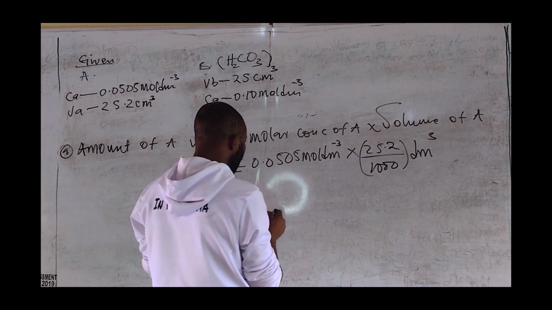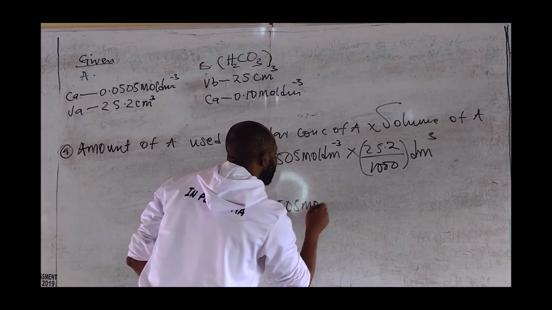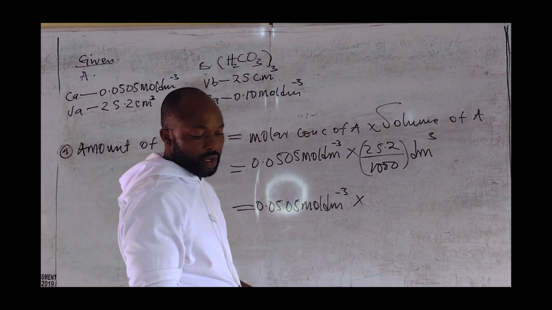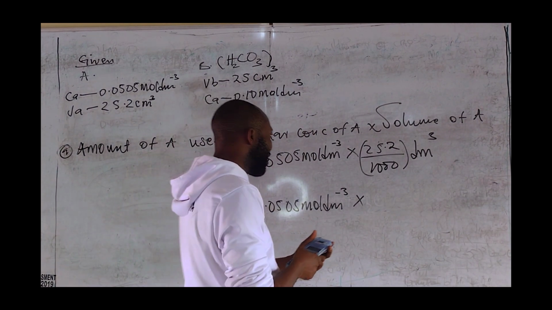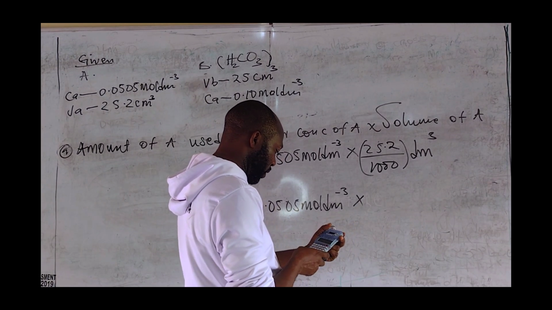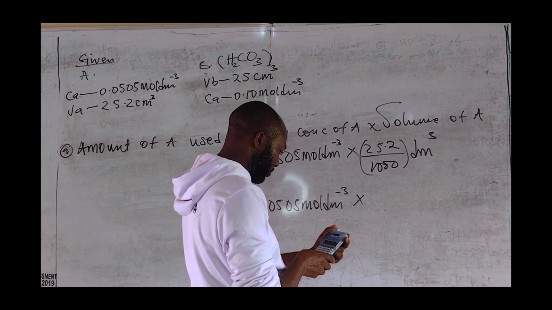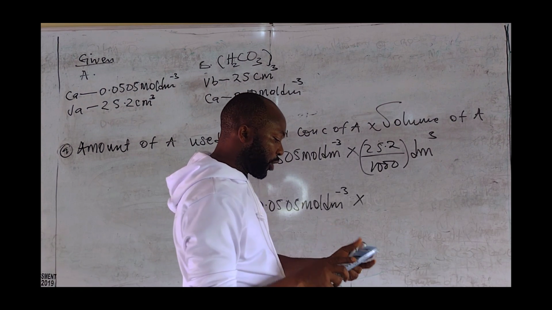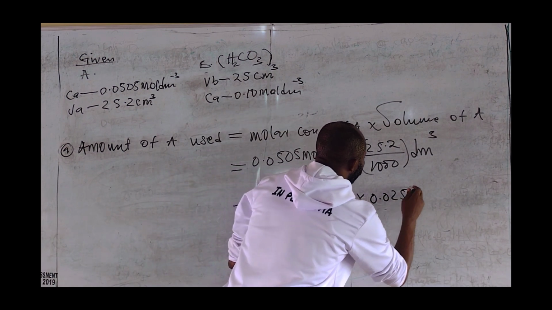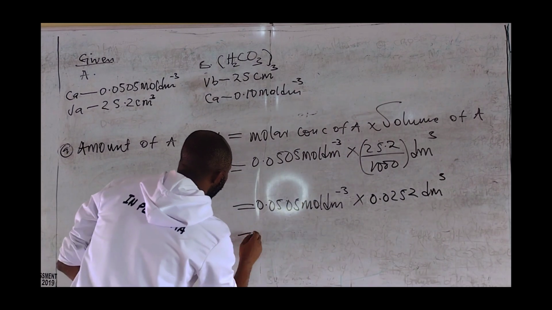This is equal to 0.0505 mole per dm³ times 25.2 divided by 1000, 0.0252 dm³.